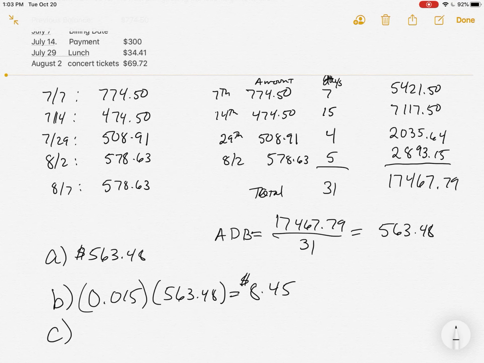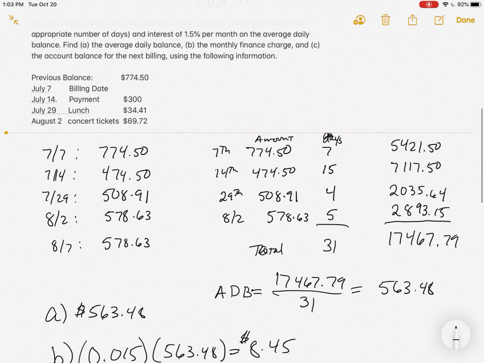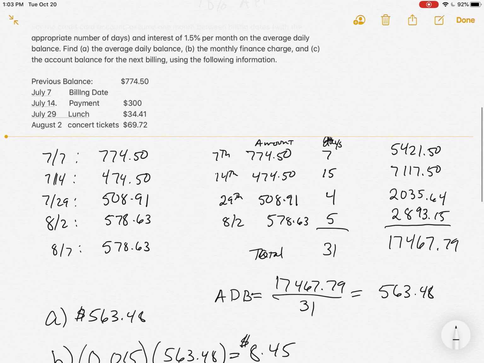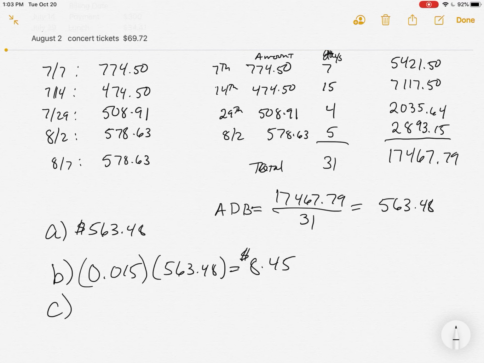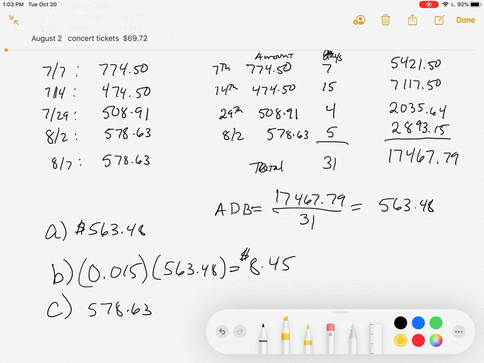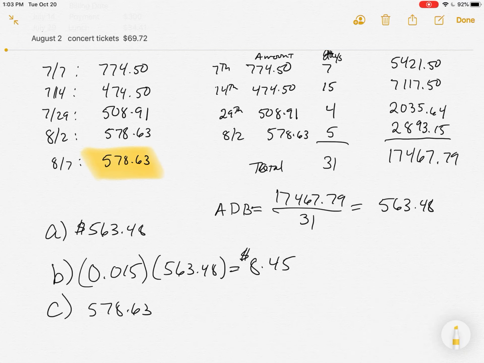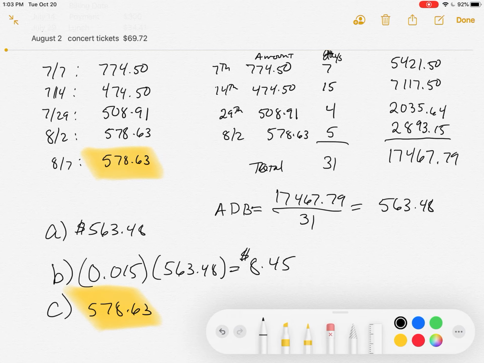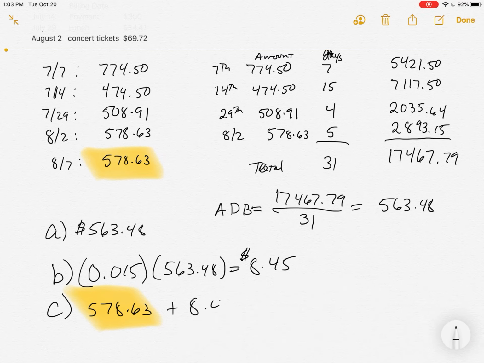And part C is, well, what's the amount going into the next billing cycle? It's going to be the 578.63, right? It's going to be what we had on the card, plus any finance charges. There were no late fees or anything.